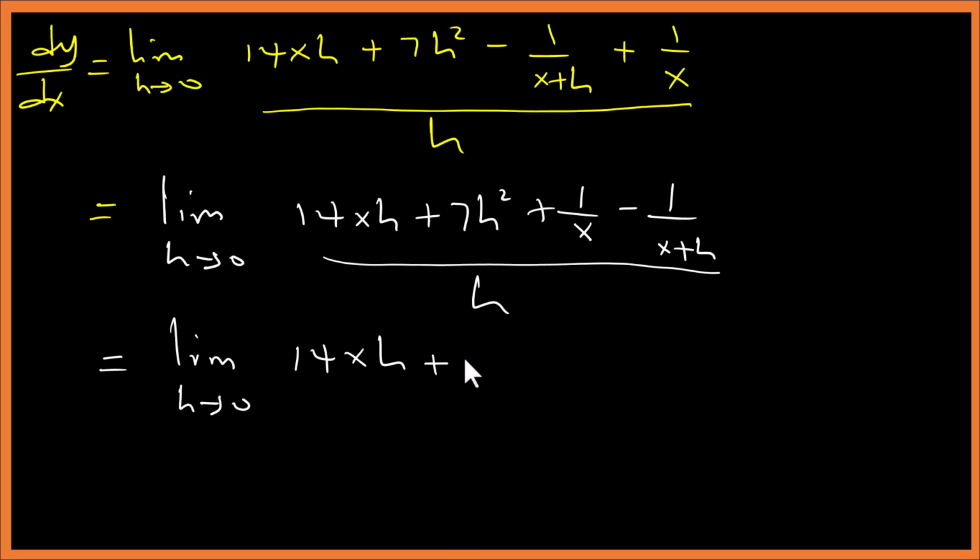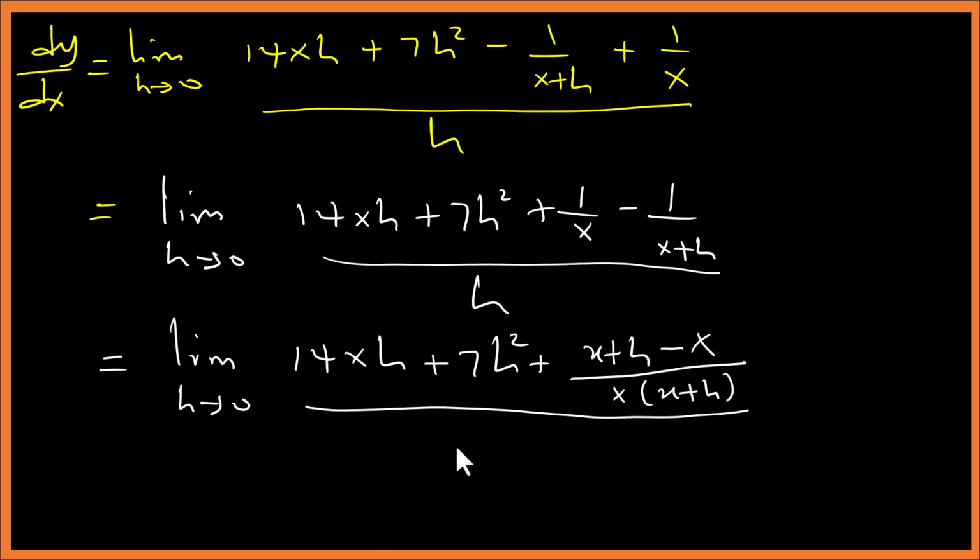So let's find the LCM. The LCM of this side will be x times bracket x plus h. So x into this will be x plus h, minus x plus h in this will be x, all over h.